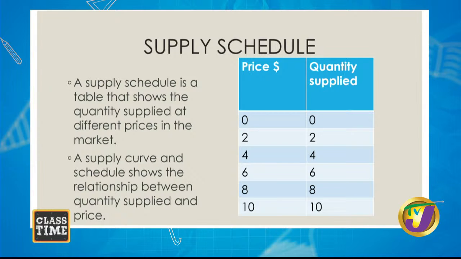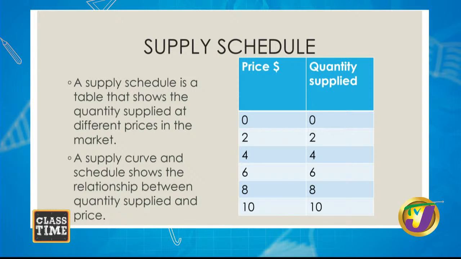So a supply schedule is a table that shows the quantity supplied at different prices in the market space. A supply curve and schedule are both tools, as I said before, that show the relationship between the amount of goods supplied and the price for these items.